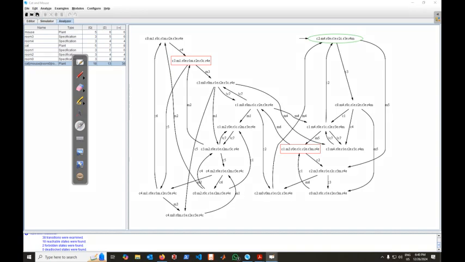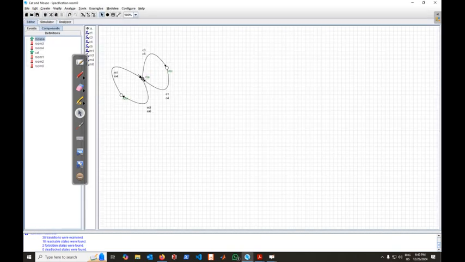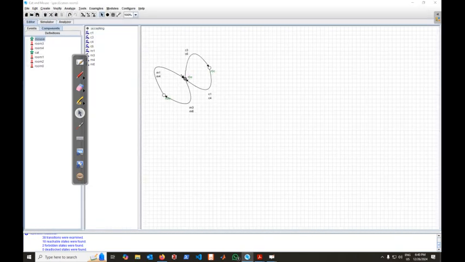You will find here two red states. What is the reason for these two red states? These two red states are very dangerous. What's the reason for that? Please refer back to the set of events.